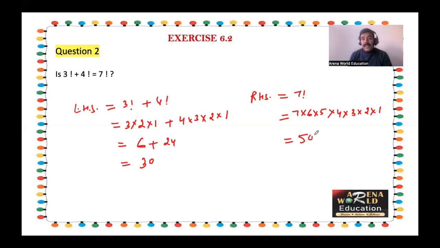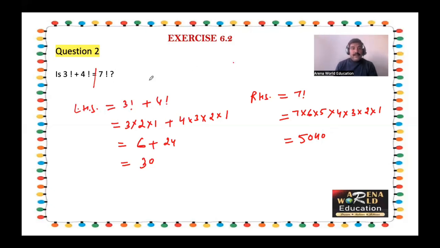You can check the calculation; I'm directly writing 5040. So you can see LHS is 30, but RHS is 5040. So LHS is not equal to RHS. It means 3 factorial plus 4 factorial is not equal to 7 factorial. In this way, you can solve question number 2.